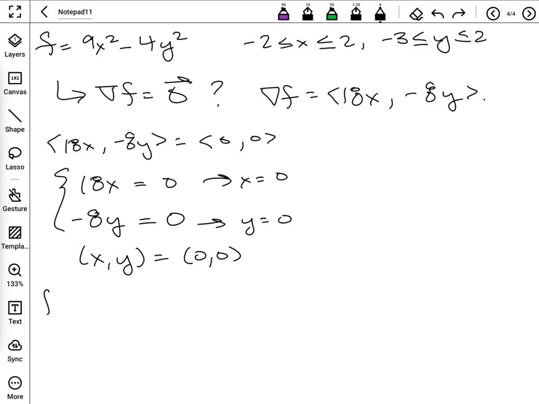So I could go ahead and check that one right now. f evaluated at 0, 0 is just 9 times 0 minus 4 times 0, which is just 0. And so that tells me inside this area, there's my y, I need both directions, and here's my x.